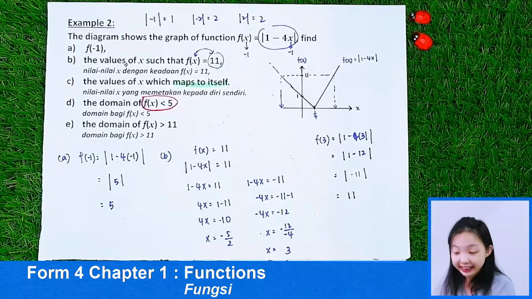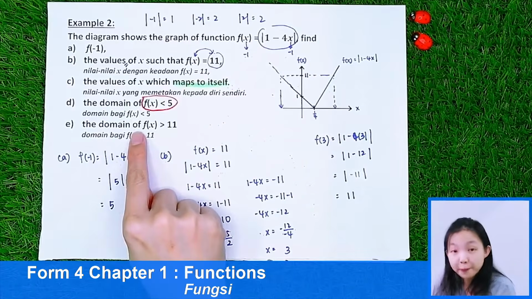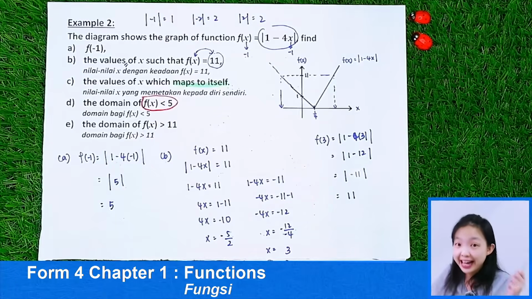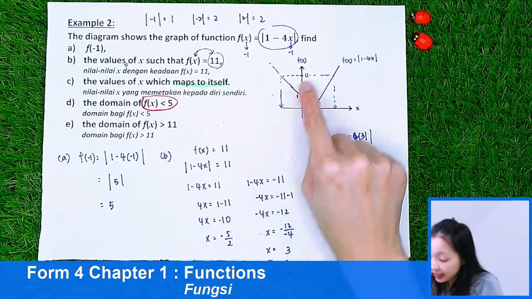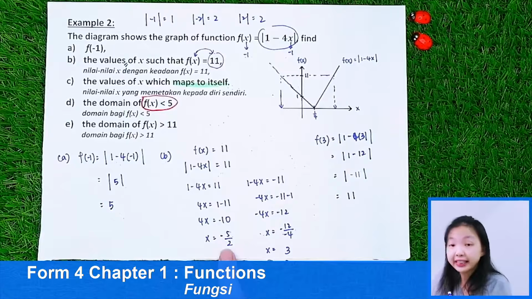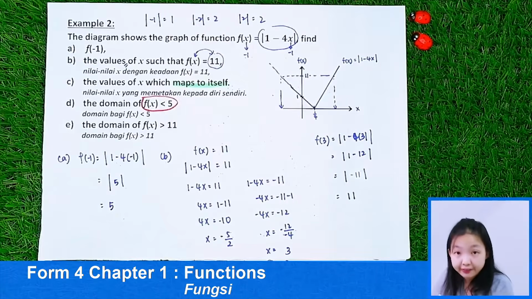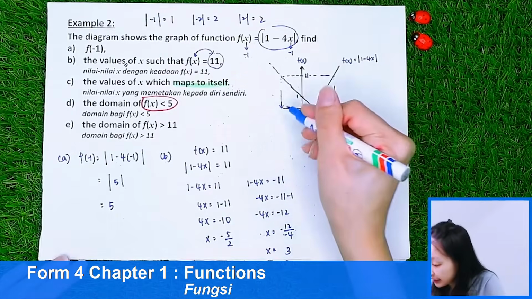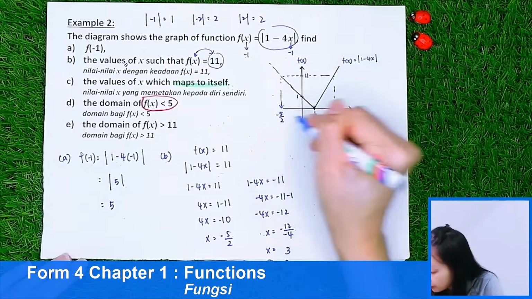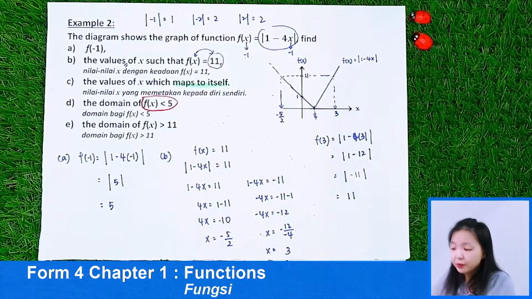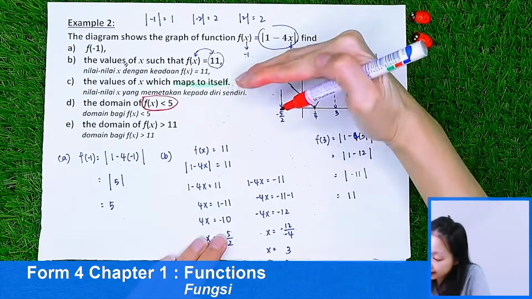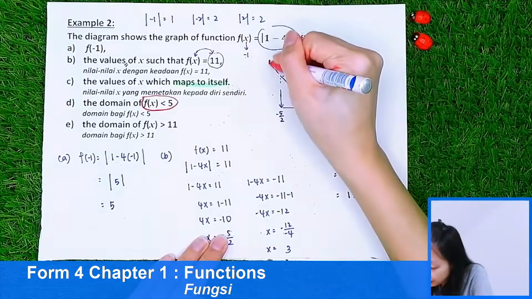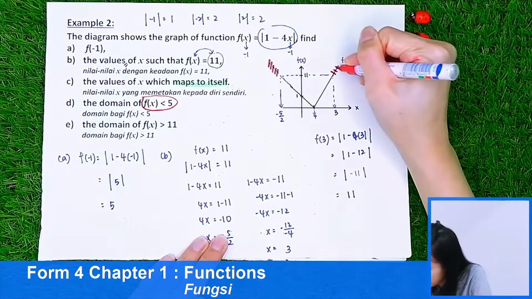Now we go to part E. Part E wants us to find the domain of f(x) which is larger than 11. At part B, we already found the value of x when f(x) equals 11, which is negative 5 over 2 and 3. So now we have to find the part where f(x) is greater than 11, which is here and here.